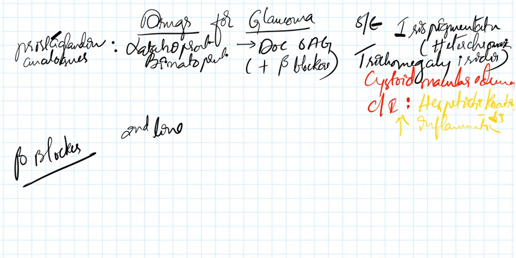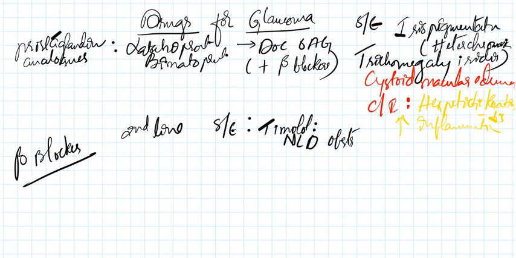Now, what are the complications, side effects? These are very important. Timolol causes a very dangerous side effect called nasolacrimal duct obstruction, due to stenosis. Metipranolol causes granulomatous anterior uveitis.